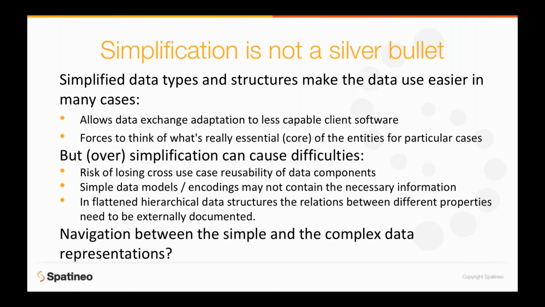And as already mentioned before, a flattened data structure might make it difficult to see immediately from the data that certain properties are actually related. Obviously, you can try to make that easier by using some kind of naming conventions on the property names, for example. So you have the name of the feature of interest, and then you have the reference for the feature of interest.